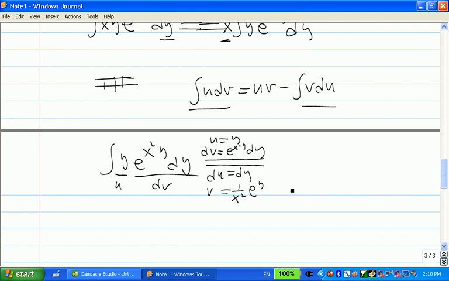Try that. Take the derivative: e to the x squared y, then the derivative of x squared y gives you x squared, which cancels with this 1 over x squared. Okay, let's write it. So the integral of u dv equals u times v minus integral of v du.